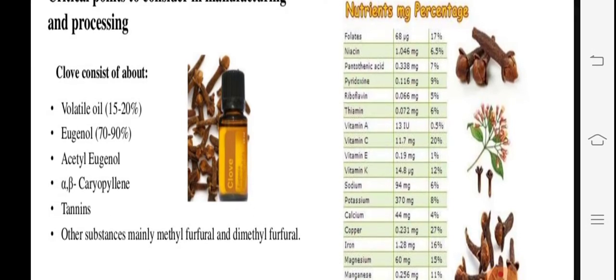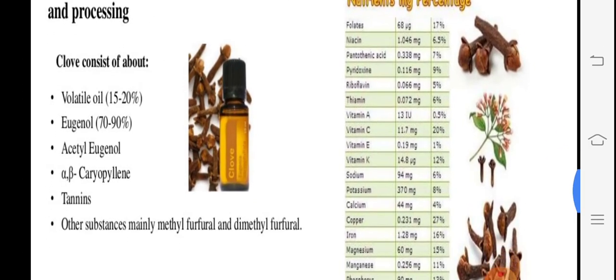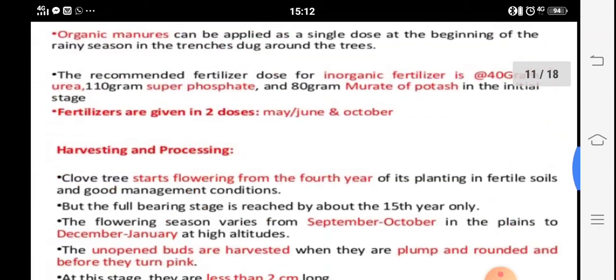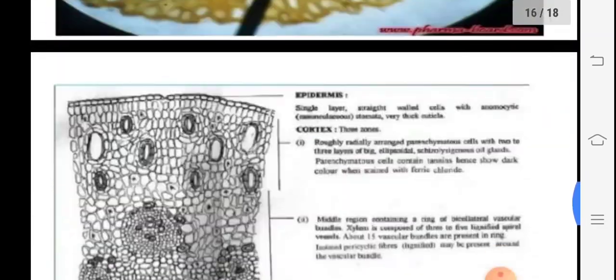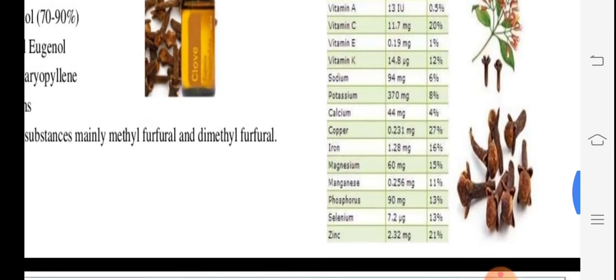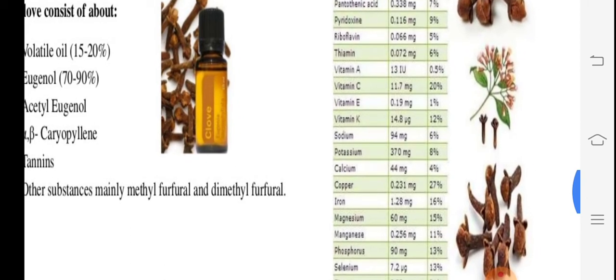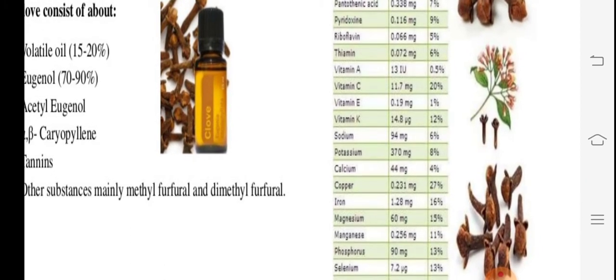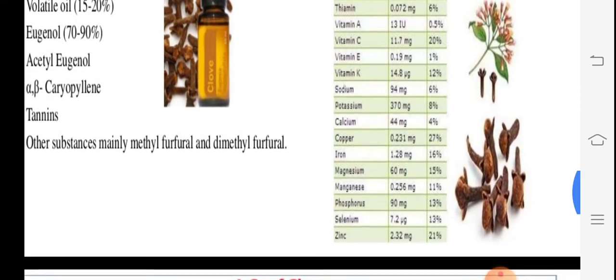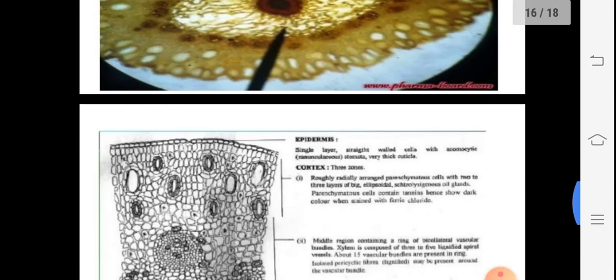Here you are observing the other nutrients. They show different content such as vitamin A, vitamin C, riboflavin, then sodium, potassium, calcium, manganese. So all minerals are obtained from the clove itself.